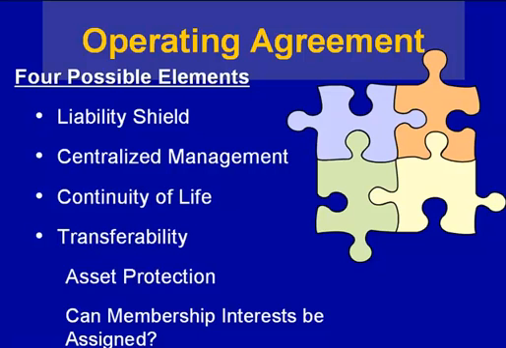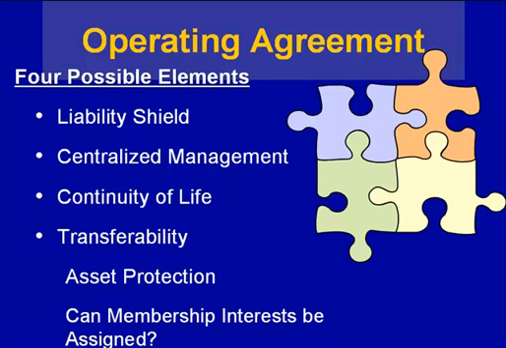One of the things that I see in operating agreements all the time is a major screw-up. You have a liability shield, and you always want that in your documents. This is a corporation. A corporation has four possible elements. You can have the liability shield. You get the centralized management.